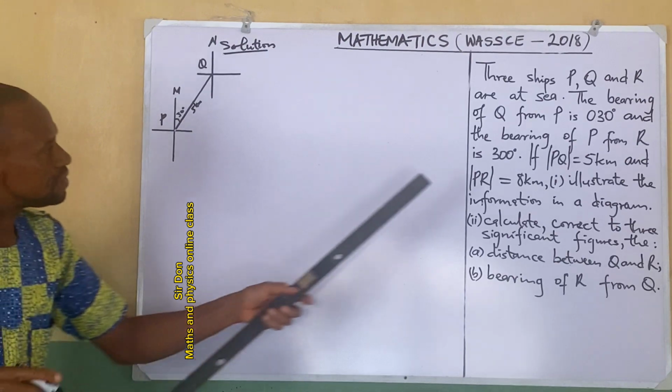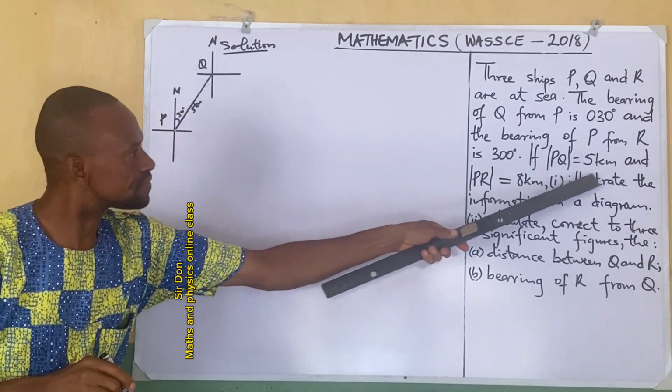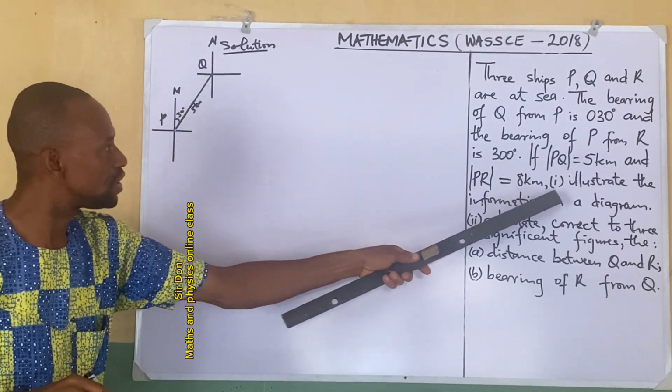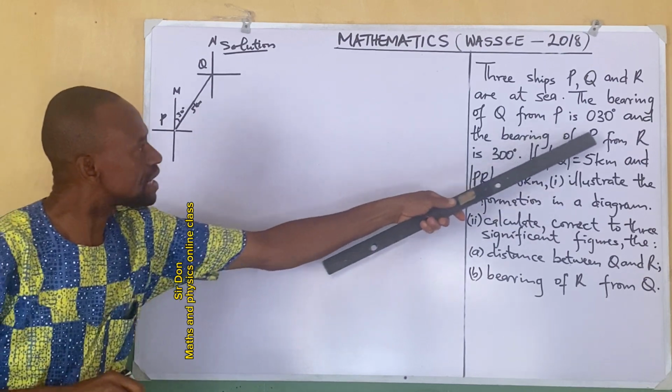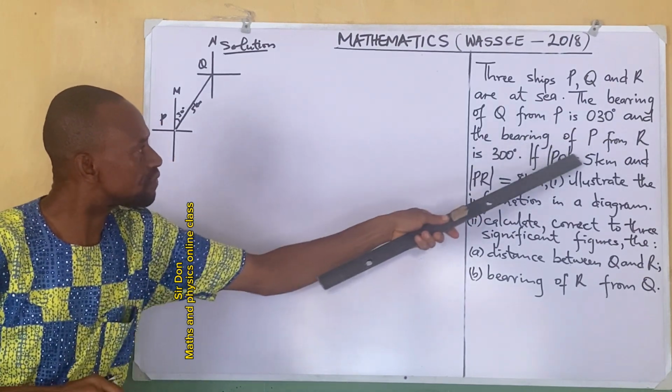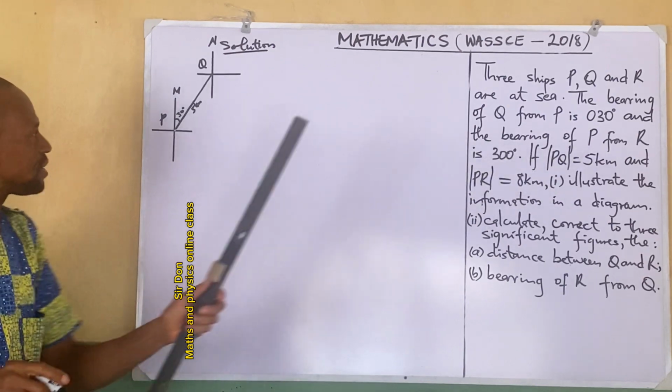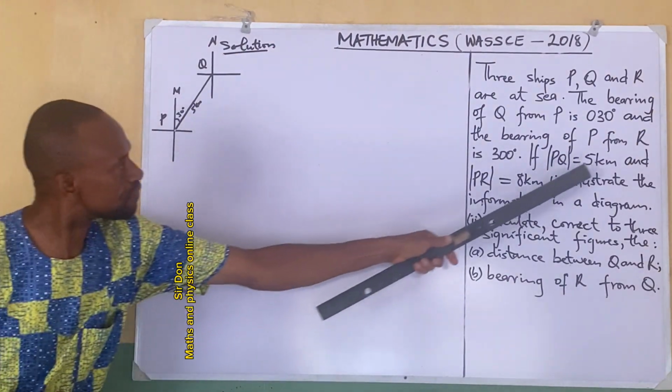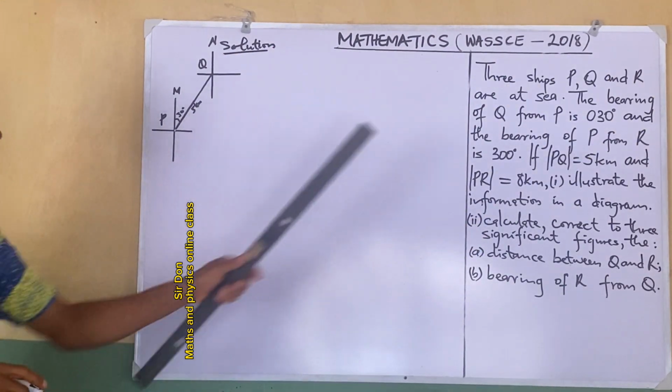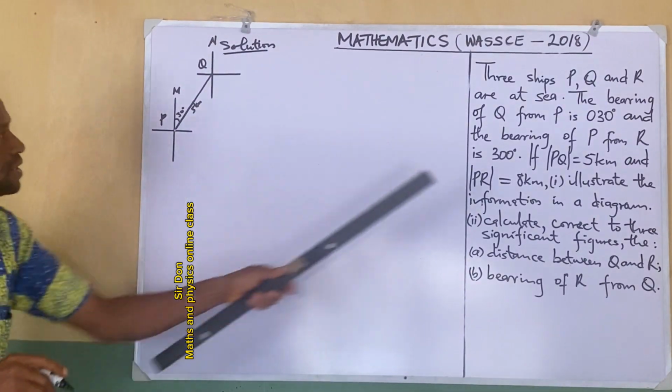Now, the second part: if PQ is 5 kilometers and PR is 8 kilometers, illustrate. There's another ship R, and the bearing of P from R is 300 degrees.